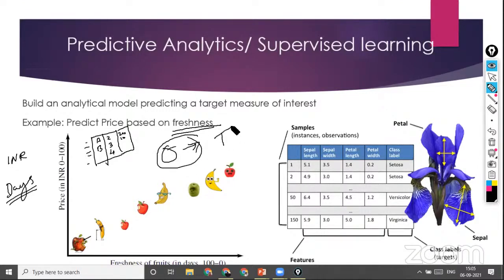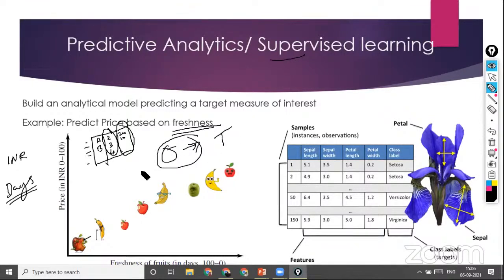We have our data set of the freshness of fruits and also the price of the fruits. Okay, so why is it called predictive analytics, or why is it called supervised learning? That is because you already have the information about the price of the fruit. You also have the information about the freshness.